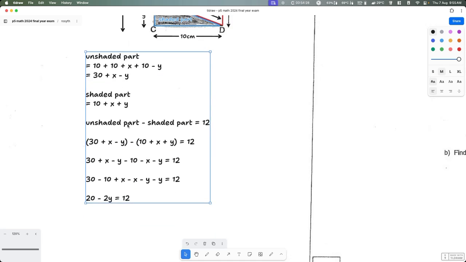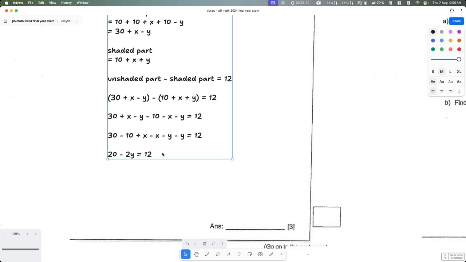From here, we can solve this. 20 is equal to 12 plus 2y, and then 2y is equal to 20 minus 12, which is 8, and y is equal to 8 divided by 2, and this will be 4 centimeters.